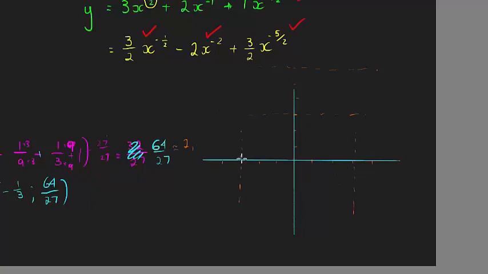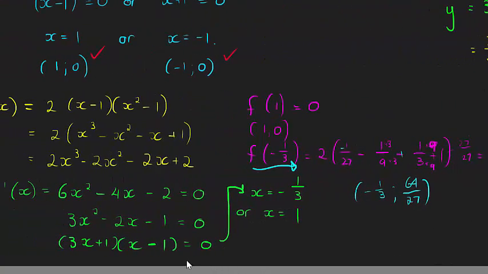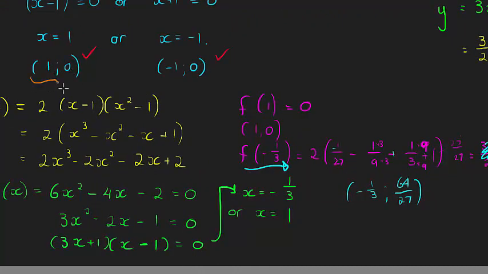And yeah, so my 2 turning points, or x-intercepts: I've got an x-intercept at this point and at that point, so at -1.